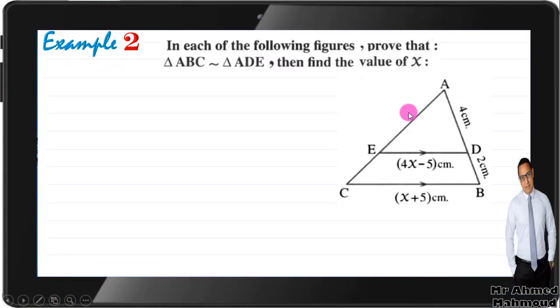Here, example 2. In each of the following figures, prove that triangle ABC is similar to triangle ADE, then find the value of x. It's very easy.